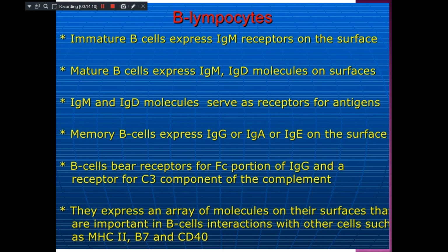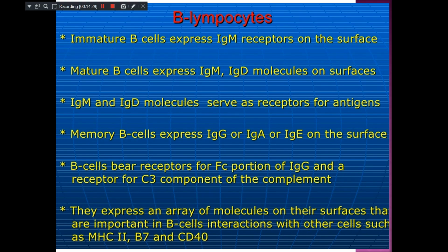So these immature B cells express immunoglobulin M receptors on the surface. Whereas mature B cells have immunoglobulin M and immunoglobulin D molecules on their surface.